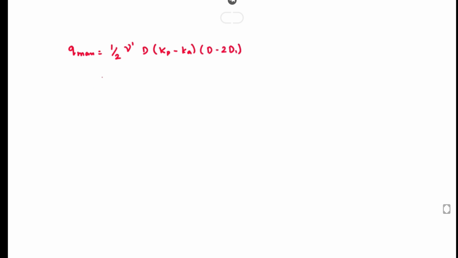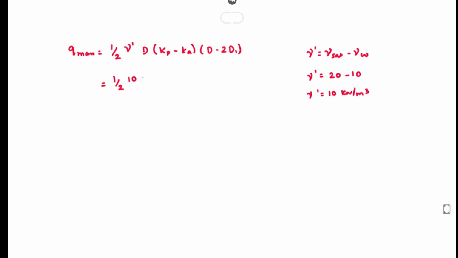Here the gamma dash value is 10. Why? Because gamma dash equal to gamma saturation minus gamma W. Gamma saturation is 20, given, minus gamma W value 10. So gamma dash equal to 10 kilonewton per meter cube.